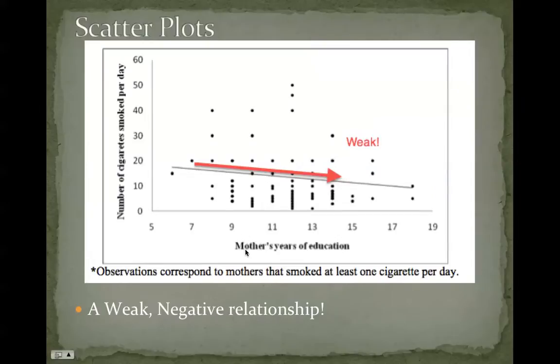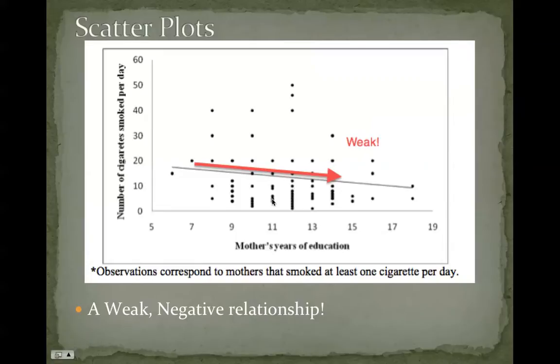Here I'm looking at mother's education and the number of cigarettes smoked per day. And this is using actual data from the state of California. So you can see here that the more education the mom has, the fewer number of cigarettes smoked per day, right?